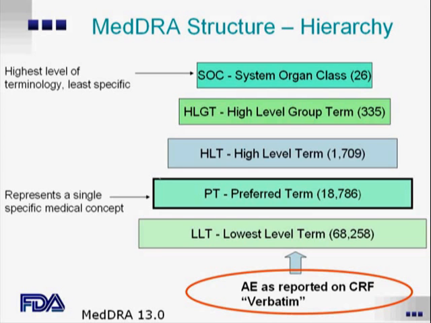That's a very specific unit, a medical concept, while the highest level of terminology and least specific would be system organ class, for example, infections and infestations, or cardiac, or urinary, and so on.